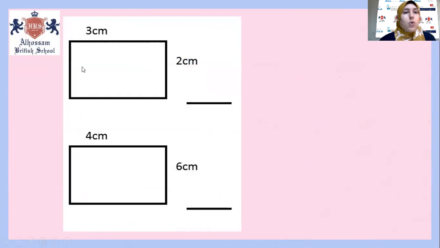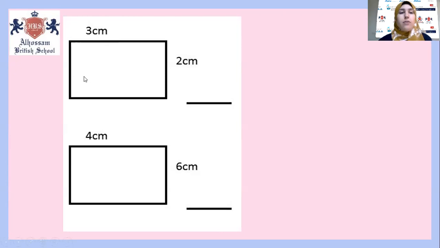So now let's solve these rectangles. Focus what is the shape you're dealing with. Either it's a square or the rectangle. Okay. Now, this is a rectangle, so we are multiplying these together.